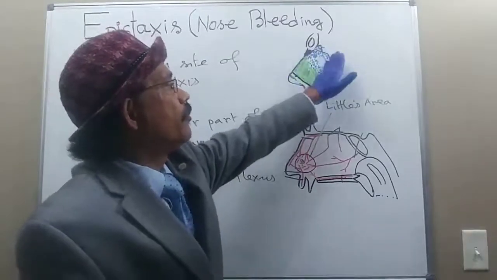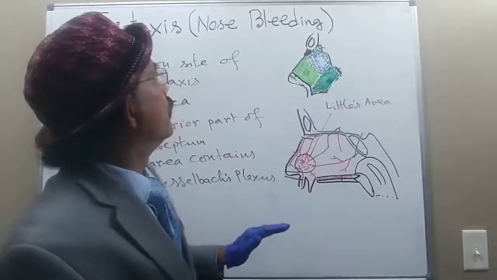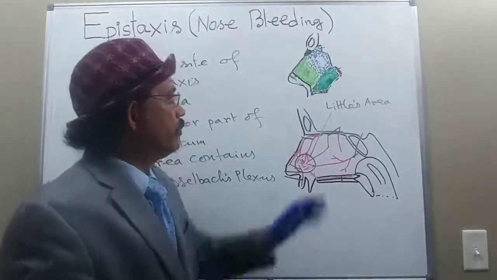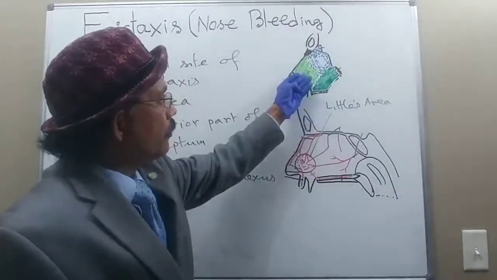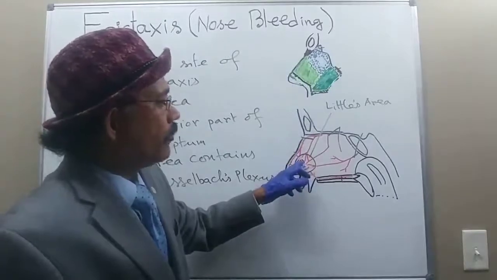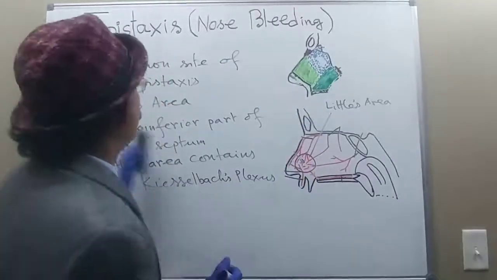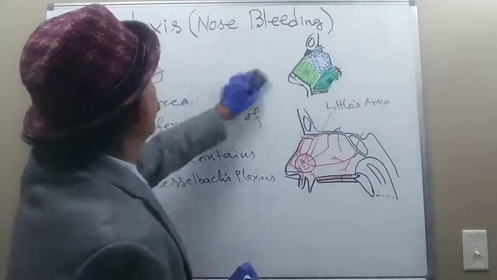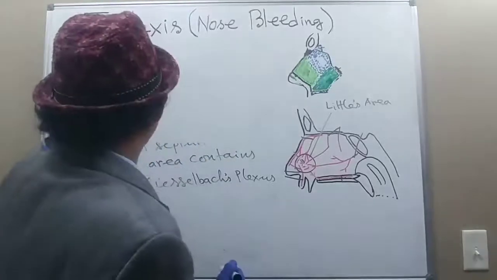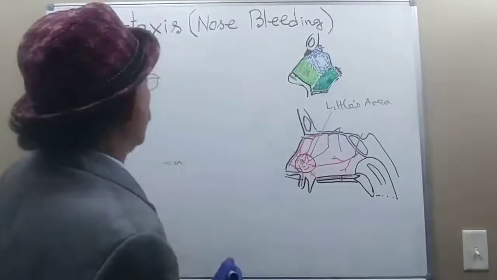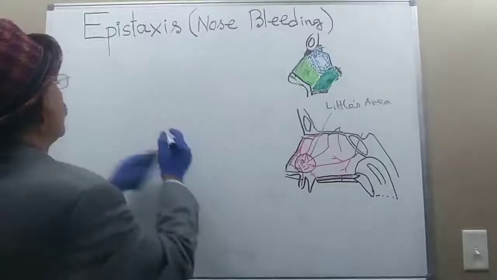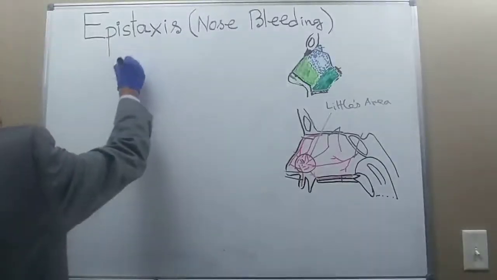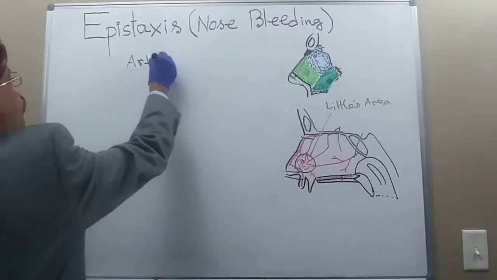So this forms the nasal septum. If you go to the anterior inferior part, we get Little's area. Little's area is formed by the anastomosis between multiple arteries. We call it Kiesselbach's plexus, an arterial anastomosis.